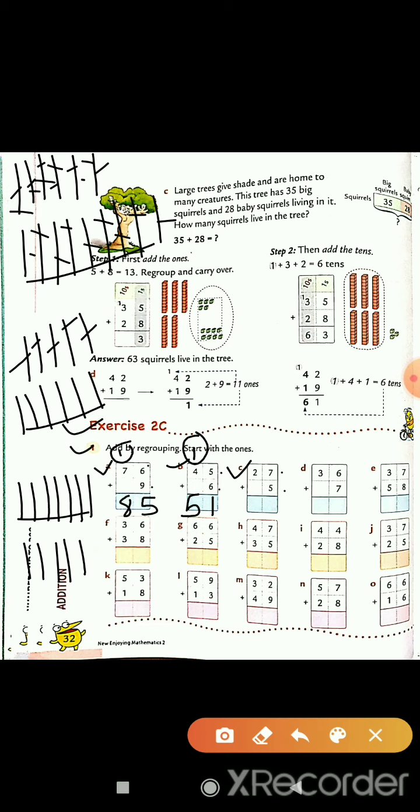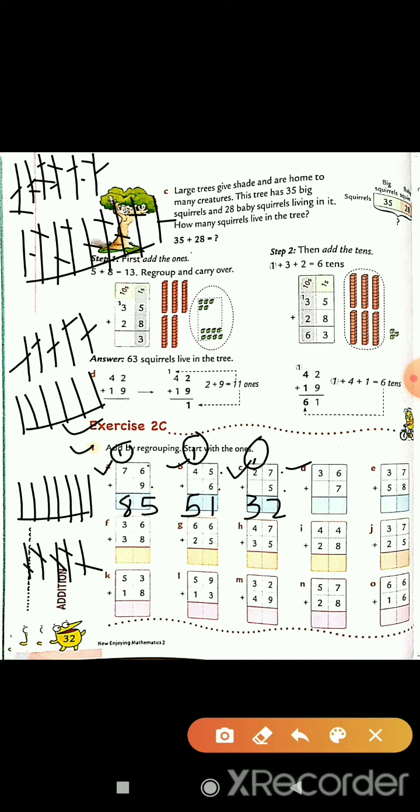How many times? 5 times. 7, 8, 9, 10, 11, 12. So write 2 at the place of ones and 1 will be carried to the tens column. 1 plus 2 is equals to 3. This method is much easier. You can do sums with this method also.